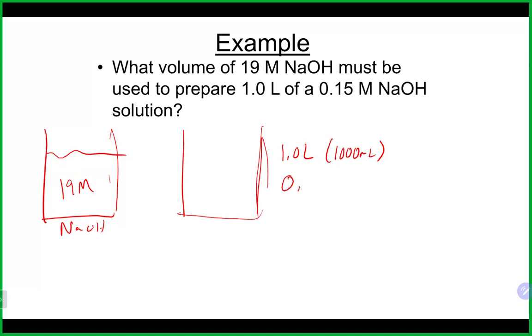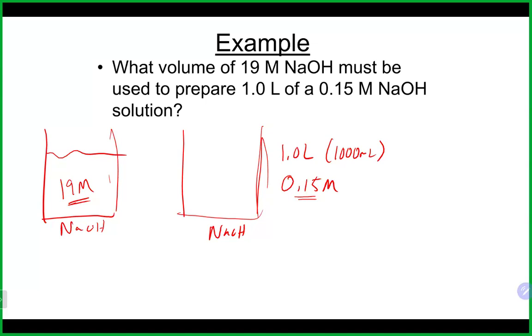And has a molarity of 0.15 molar sodium hydroxide. They are both sodium hydroxide. There's no reaction happening here other than we're doing a dilution. We know we're doing a dilution because we're starting at 19 molar and we're ending with a much lower concentration, right? So the molarity has come down, and that means that you did a dilution.